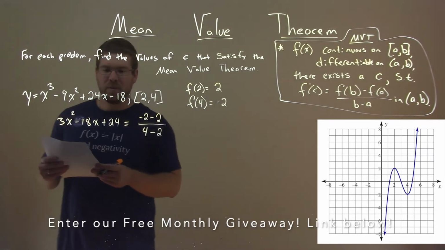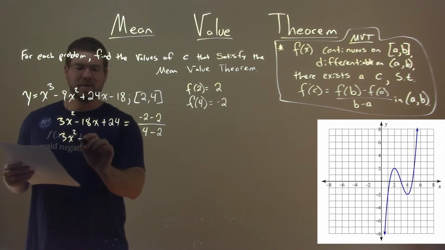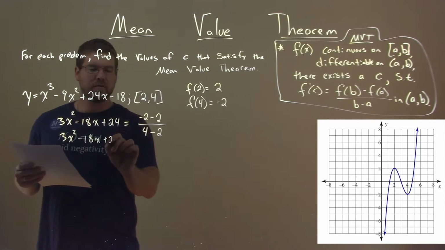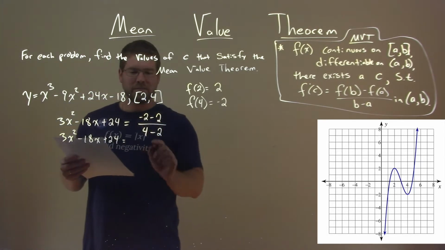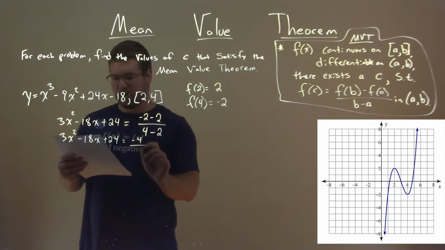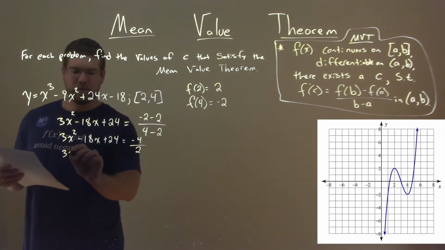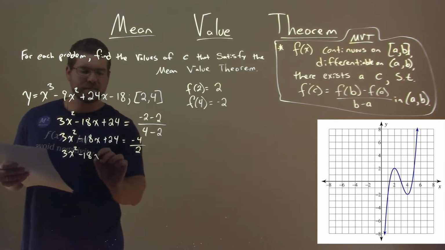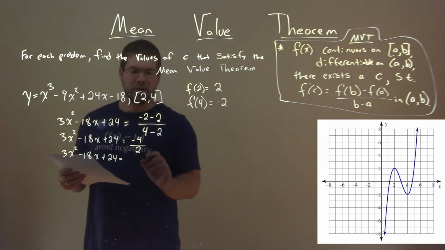From there, we need to simplify this. So we have 3x squared minus 18x plus 24, and that's equal to negative 2 minus 2, which is negative 4, over 4 minus 2, which is 2.